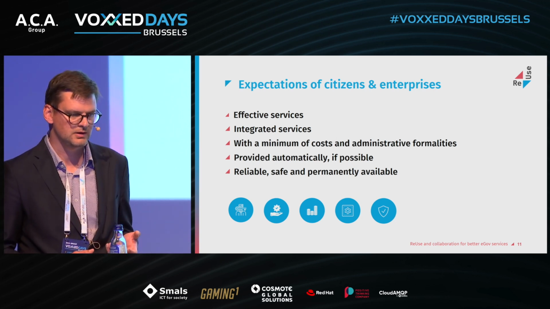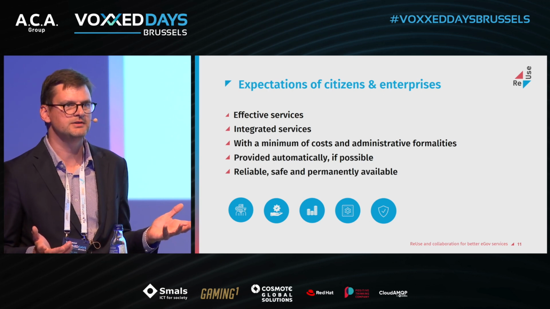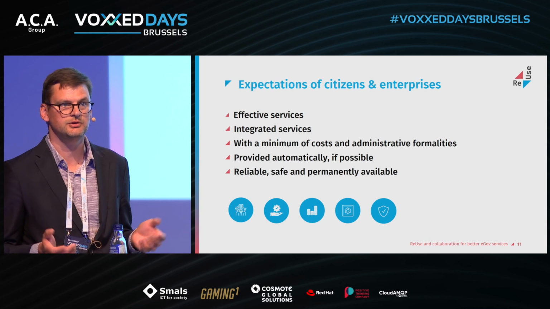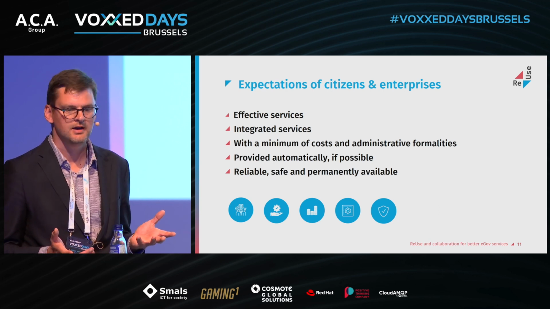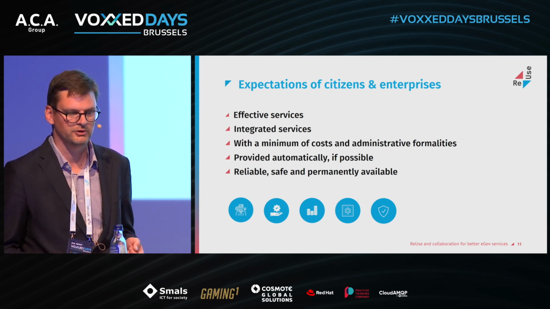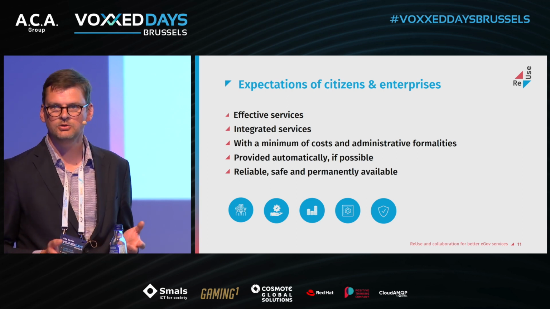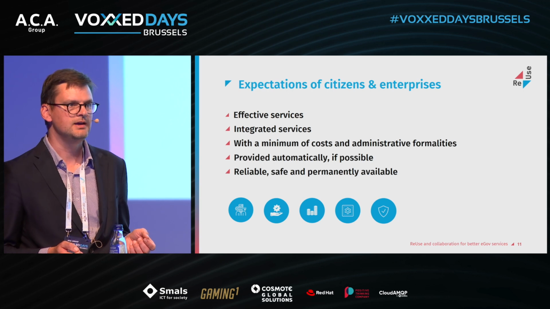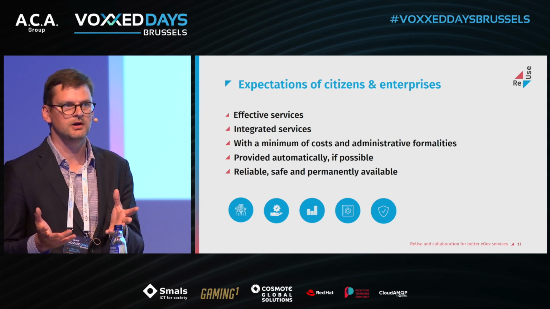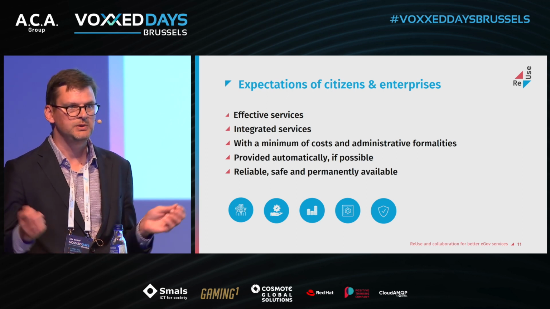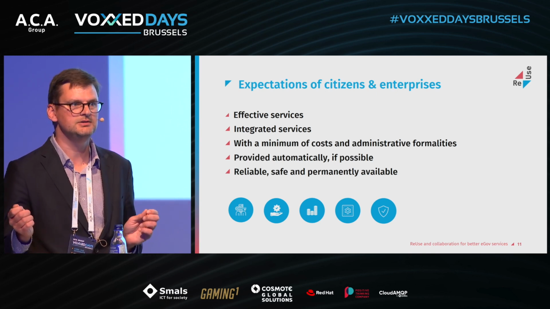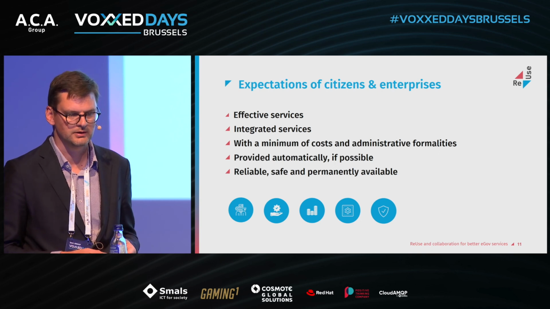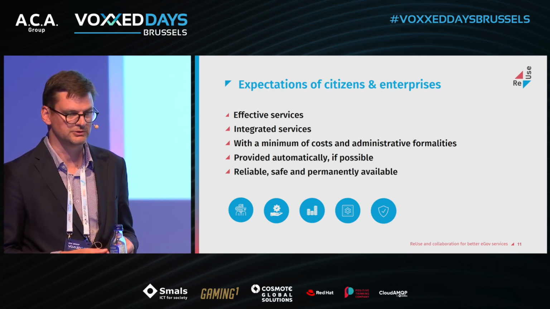So what are citizens and enterprises asking of the government? They want effective services, so services that provide real value for them. But they also want integrated services. And integrated services means that in applications or new projects that we build, we connect different functionalities or sources to provide a better value for the end users.